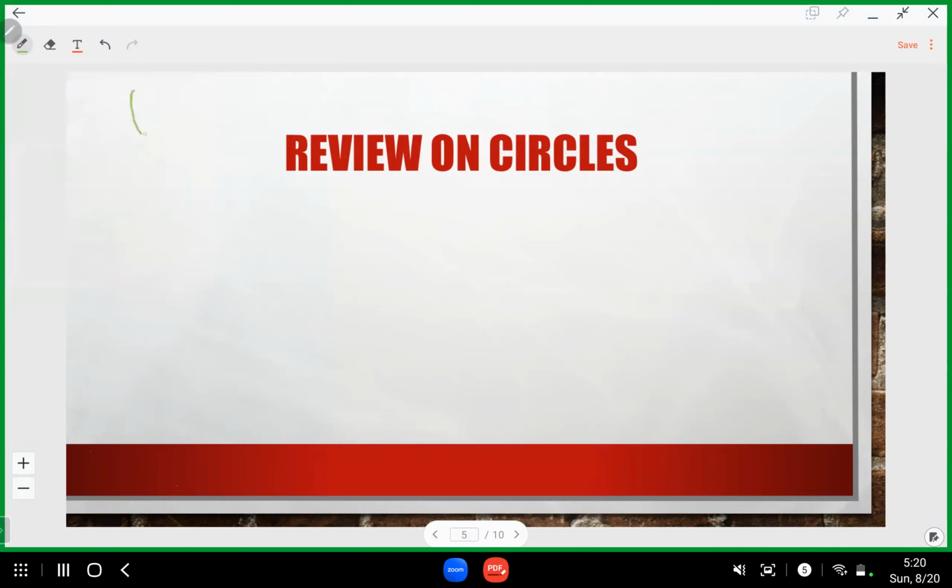This is the midpoint, (x1 plus x2) over 2, (y1 plus y2) over 2. And we have d is equal to the square root of x2 minus x1 squared plus y2 minus y1 squared. Right. Okay, so now a circle.